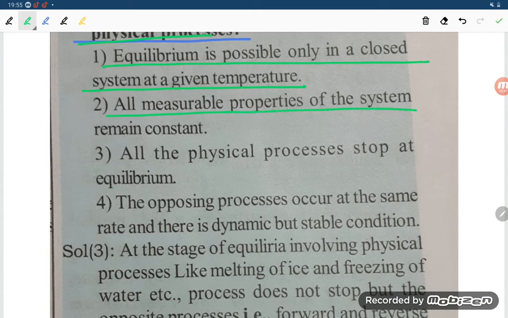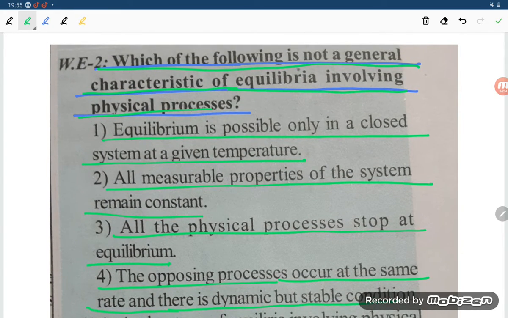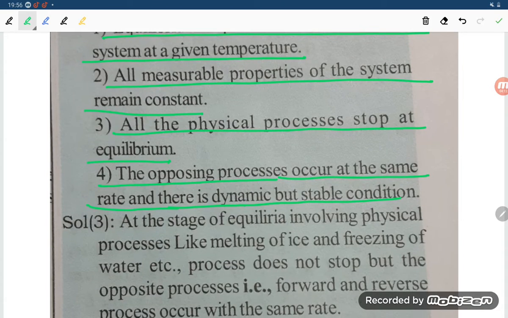All measurable properties of the system remain constant. All the physical processes stop at equilibrium. The opposing processes occur at the same rate, and there is a dynamic but stable condition. So the option that is not general is the third.